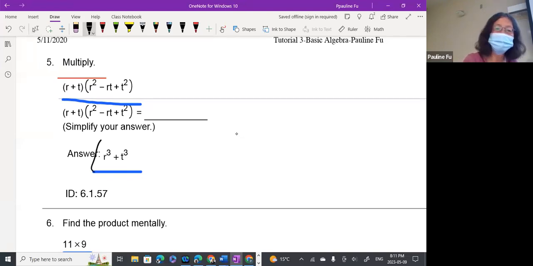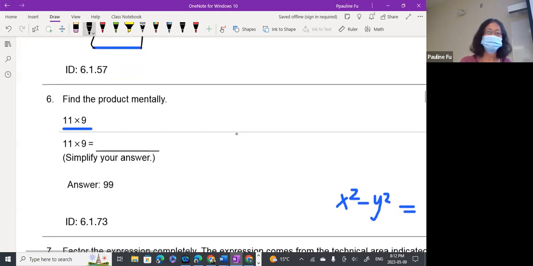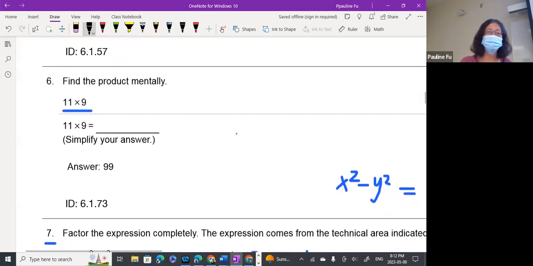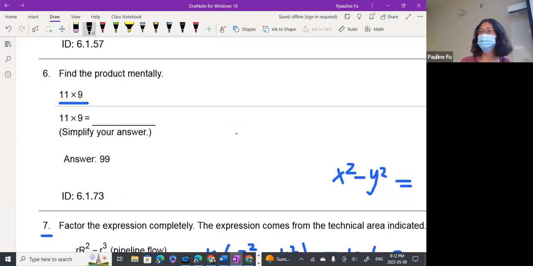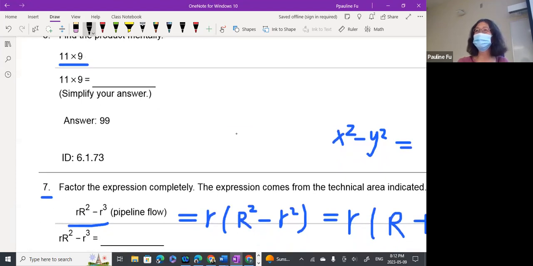I give you the correct answer. So we skip this one. We already did a similar one. Okay. Find the product mentally. Also, question 6, we can skip this one. We all know 11 times 9 is 99. Okay. Like grade 2 mathematics, grade 3 arithmetic.